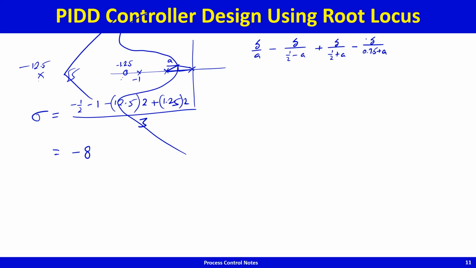But then this has to be done twice because it is repeated twice, and then the last one is going to be plus 2 delta divided by 12.5 minus half, so that's actually 12, plus A, and that's equal to 0. Solve for A, and it turns out that A is 0.2342.